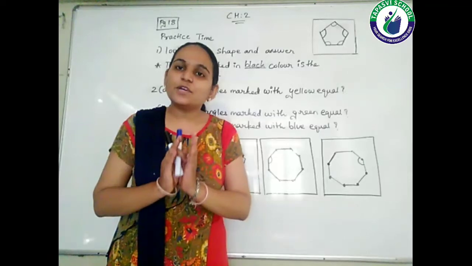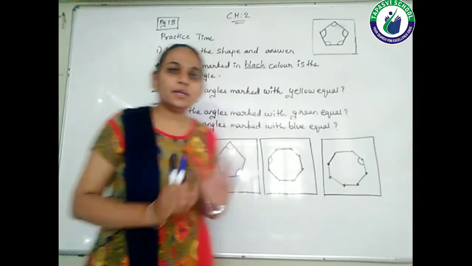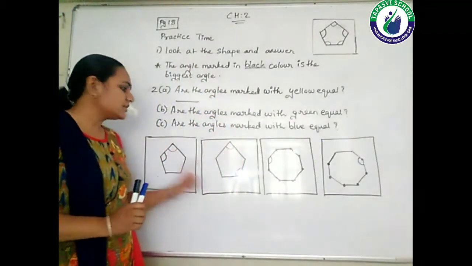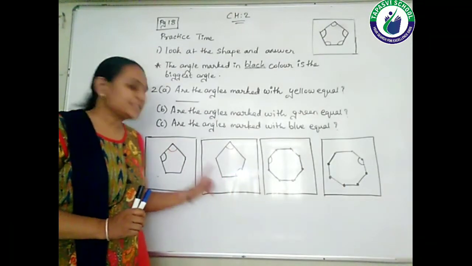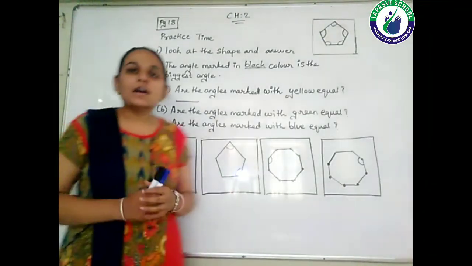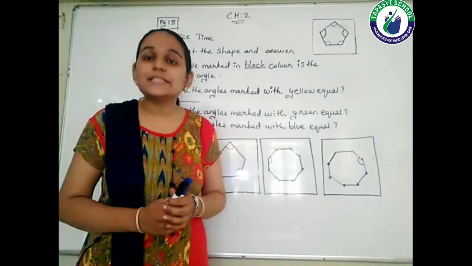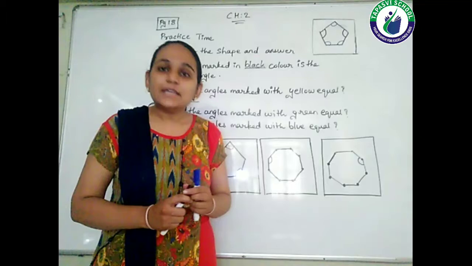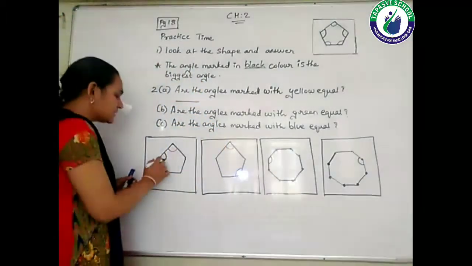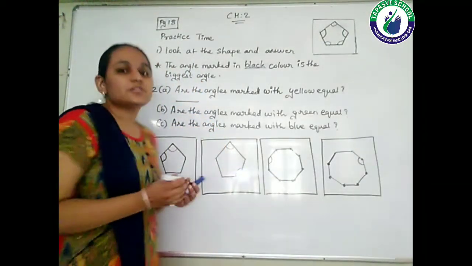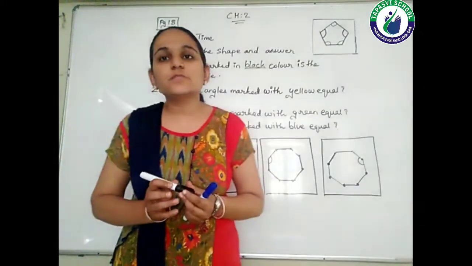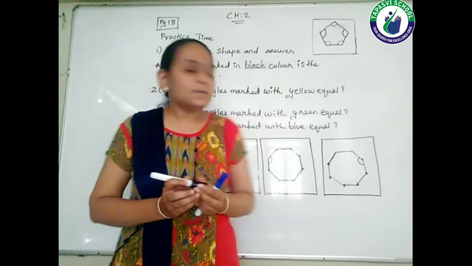Now, they are asking whether this angle and this angle are equal. Yes, they both are equal, because they belong to the pentagon. These both are the angles of the pentagon, so these both angles are equal.